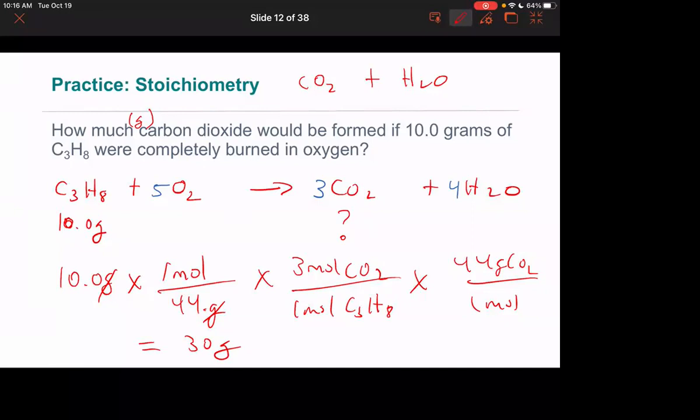And the number of moles, that's exact, so that's not 1 sig fig. These are exact numbers. Exactly 3 moles for every 1 mole. Questions? Mass of A to moles of A, moles of A to moles of B, moles of B to mass of B. Good.